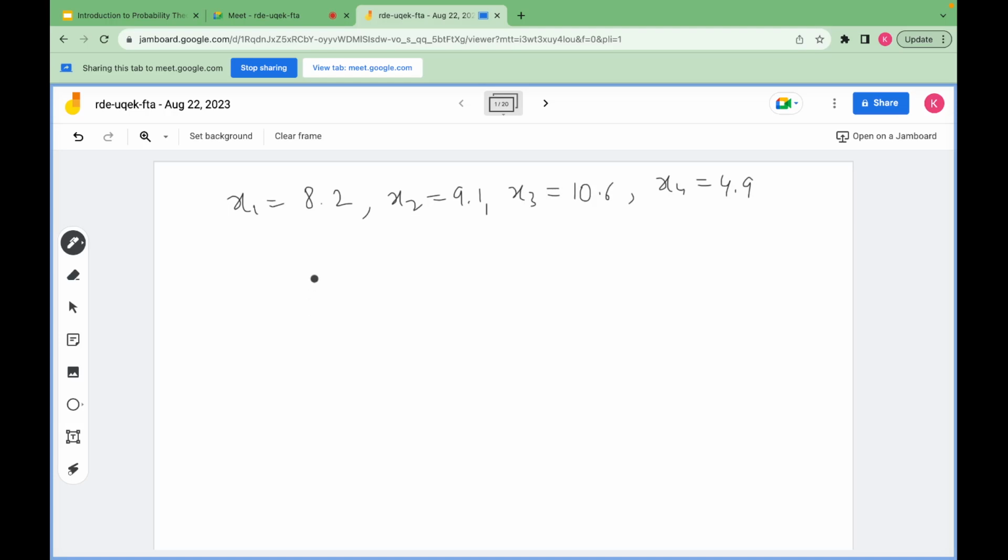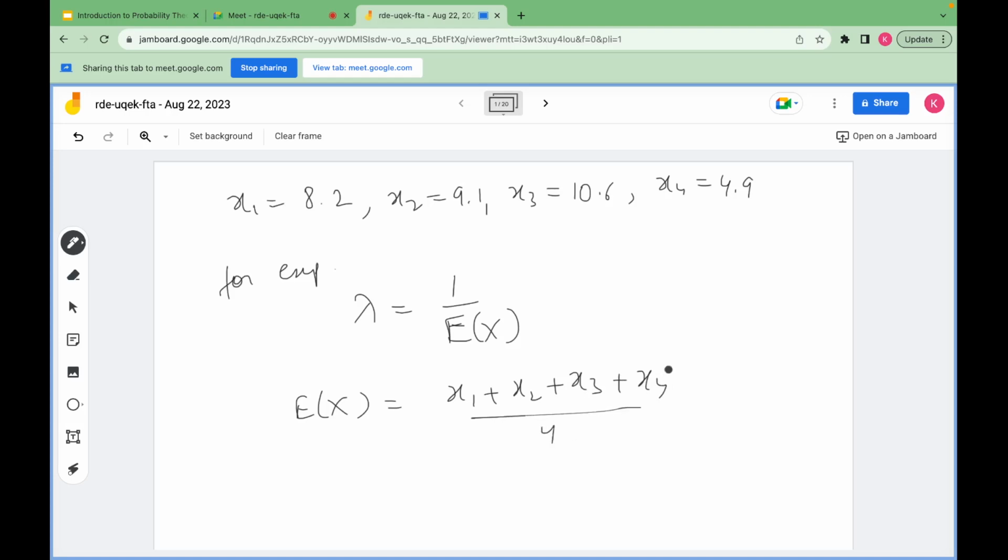So what we will find for the exponential distribution: we know that lambda is equal to 1 upon the expectation of the samples. The expectation of the sample is nothing but x1 plus x2 plus x3 plus x4 by 4, which is 8.2 plus 9.1 plus 10.6 plus 4.9 divided by 4.